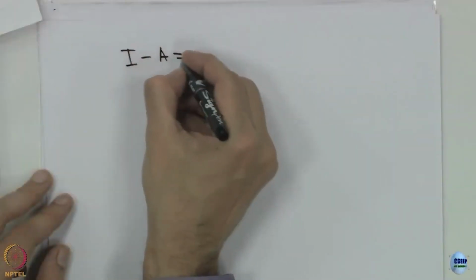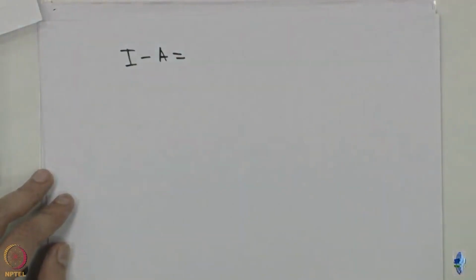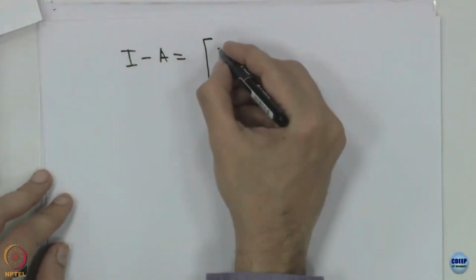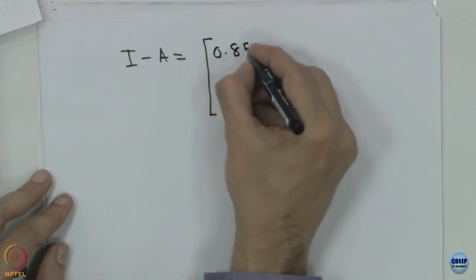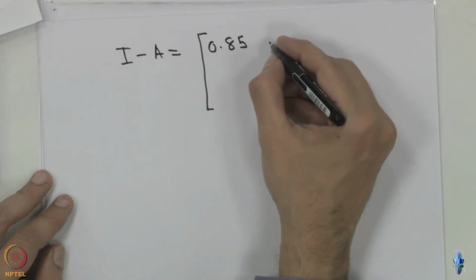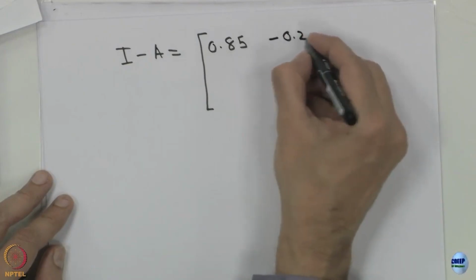In doing this, the first thing we can do is calculate I minus A. If you remember, this is A. So, 1 minus 0.15 is 0.85, and here 0 minus 0.25 is minus 0.25.